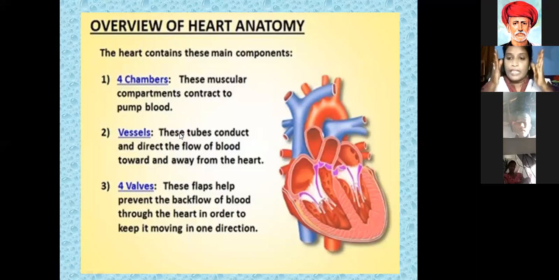These chambers, vessels, and valves mainly function in our heart, maintaining the flow of blood back and forth, toward and away, during all the heart's activities.